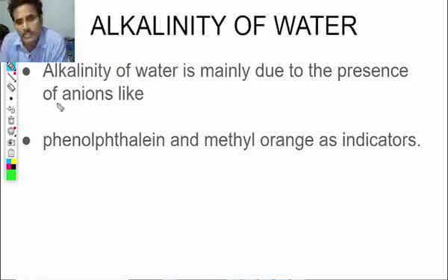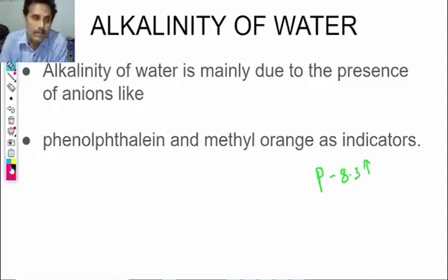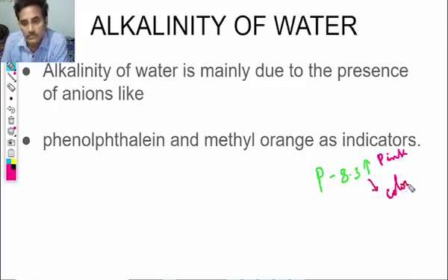The phenolphthalein indicator pH range: above 8.3, it will exhibit pink color. Below 8.3, it will be colorless.